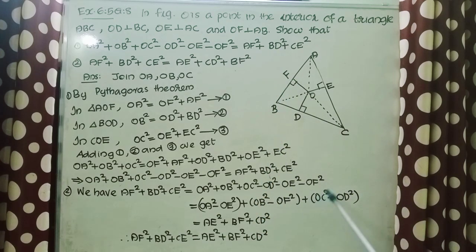Next OC square minus OD square, it is CD square. So we have got the second result also. Let us rearrange it: AF square plus BD square plus CE square equal to AE square plus BF square plus CD square.